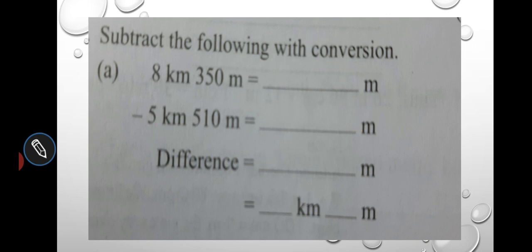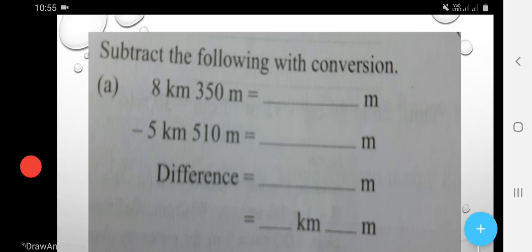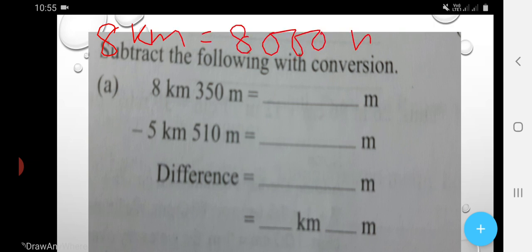Subtract the following with conversion. Here the method is that I have to convert them into a single unit. Now, 8 kilometer 350 meter. What is the conversion? If I convert this in meter, 8 kilometer is equal to 8,000 meter.